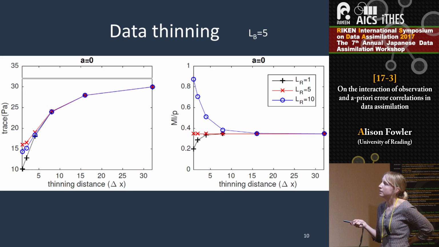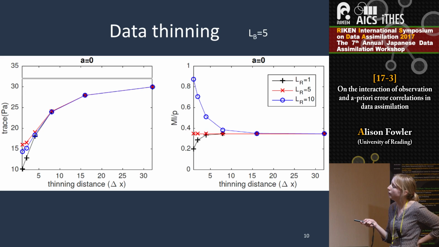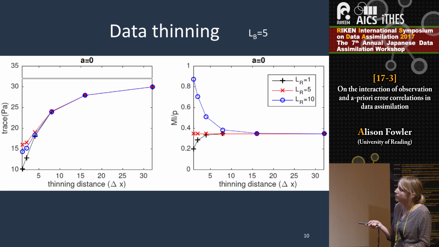So this figure shows on the left the trace of the analysis error covariance matrix, so just the sum of the variances, as a function of the thinning distance between the observations. What you see in each of these lines is that as you increase the thinning distance, so reduce the number of observations, the trace of the analysis error increases as you'd expect: fewer observations, less accurate analysis.